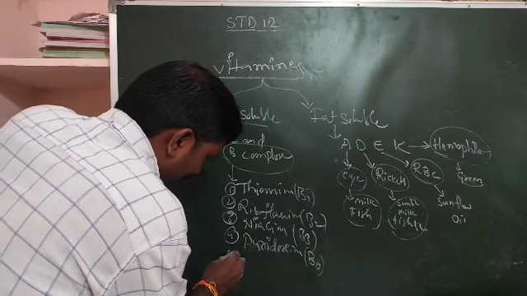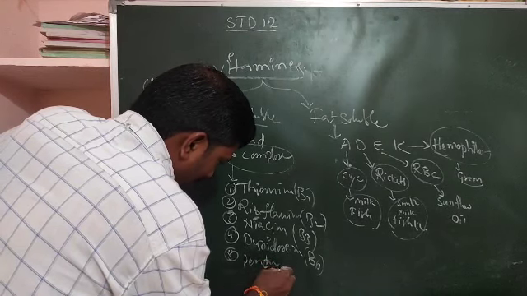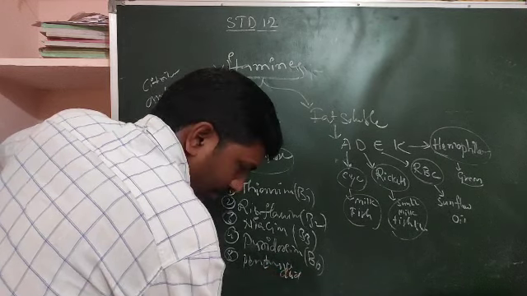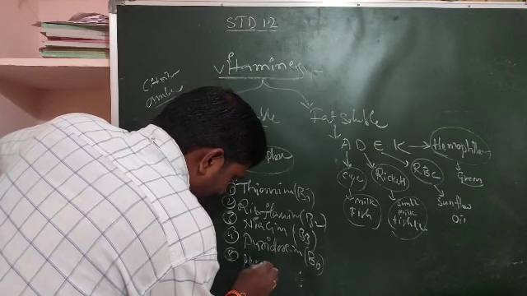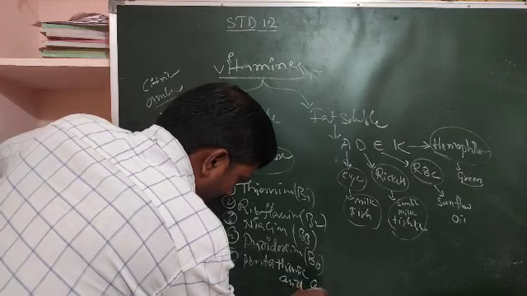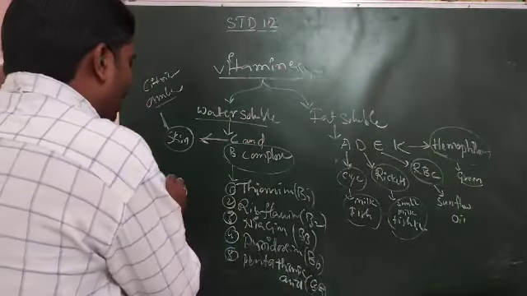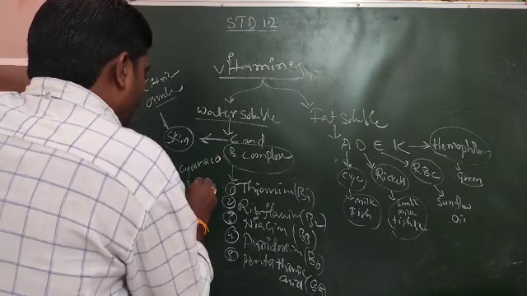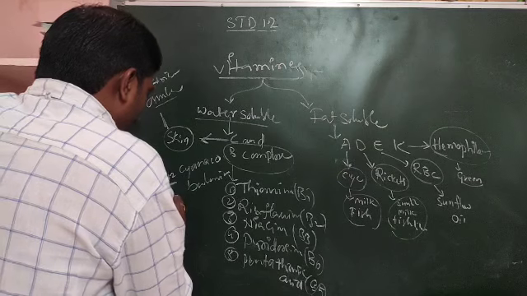B5 is pantothenic acid. Next, B12 is cyanocobalamin. If it is less, what problem will come?